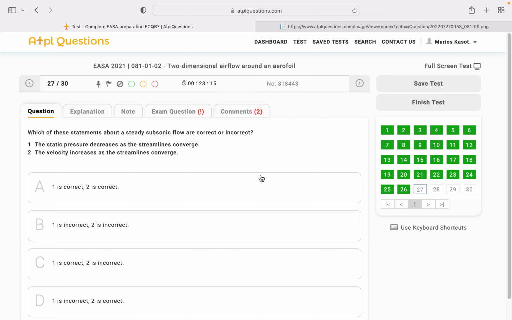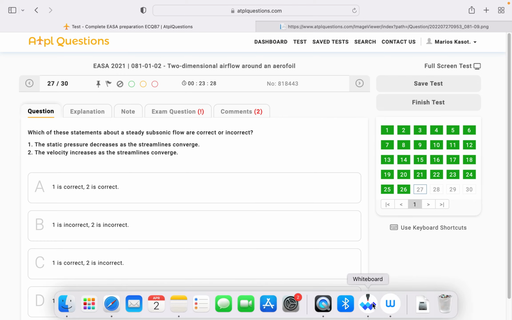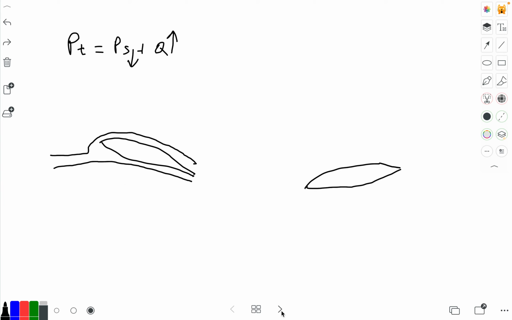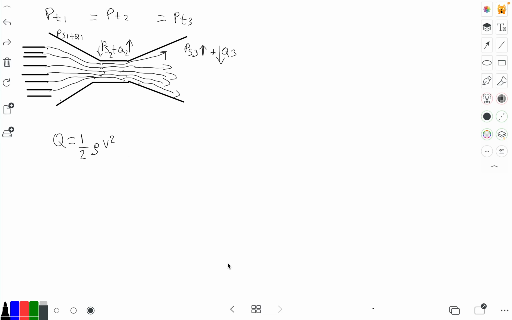Which of these statements about a steady subsonic flow are correct or incorrect? The static pressure decreases as the streamlines converge. Here we have converging streamlines. This is a really bad figure. I'll try to get better.